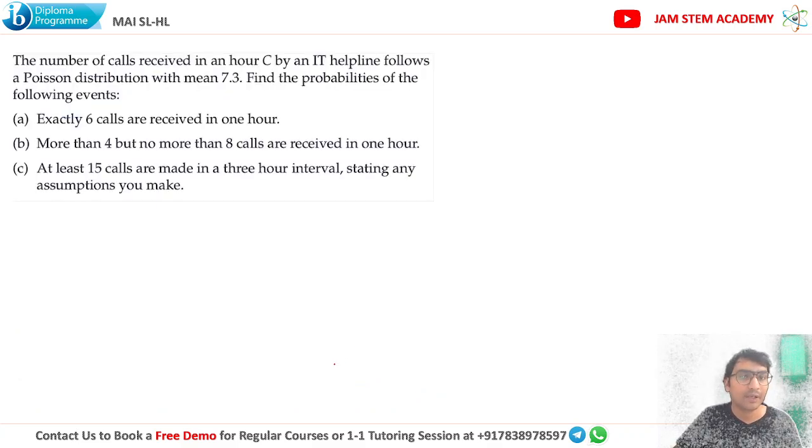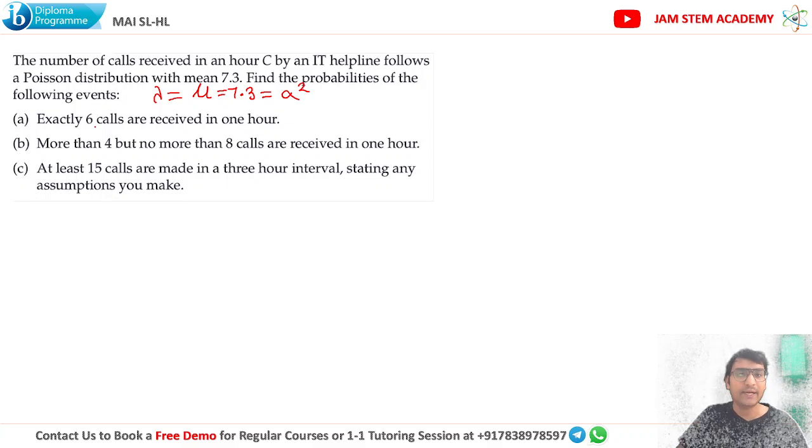It says the number of phone calls received in an hour by an IT helpline follows a Poisson distribution with the mean 7.3. So in this problem, they gave us the value of mu, 7.3, which is also the variance value, and you can call it lambda as well.